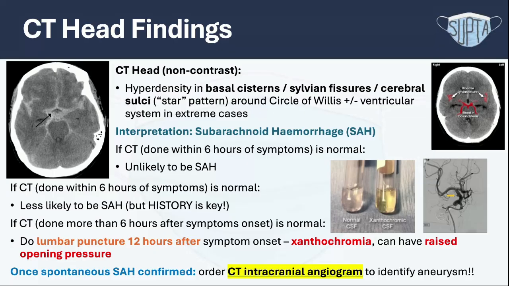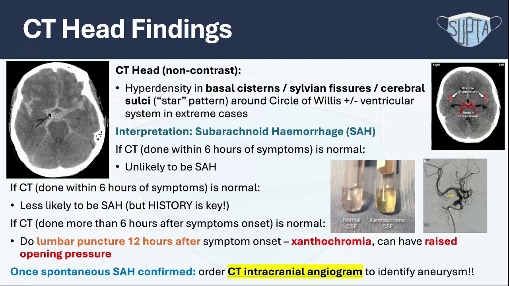It's not really perfect there, but there's another image on the right-hand side where you can see the basal cisterns marked and the Sylvian fissures as well. These are important things that you could know, especially as radiology imaging is sometimes mentioned. So you see bright white blood within the basal cisterns, the Sylvian fissures, and cerebral sulci.